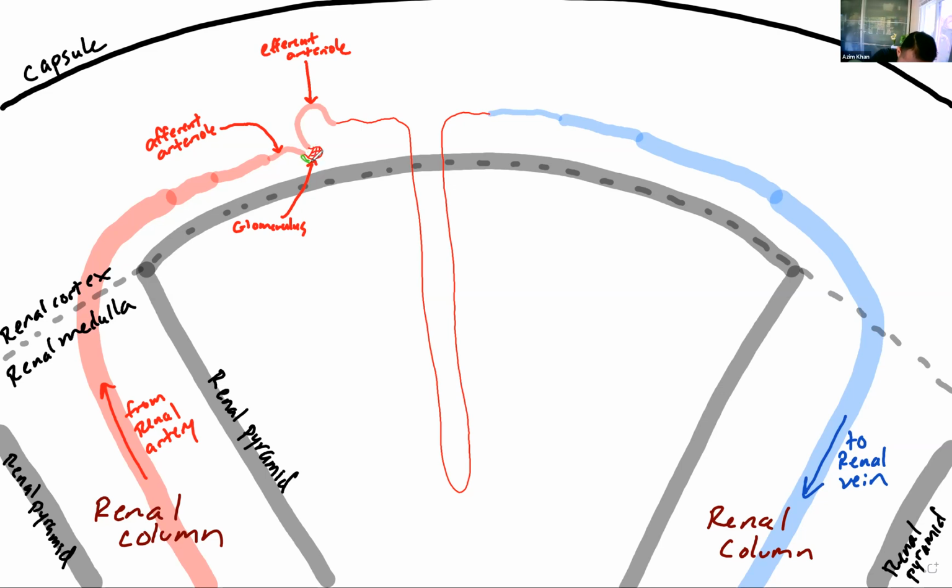Simple squamous epithelium surrounding the glomerulus.